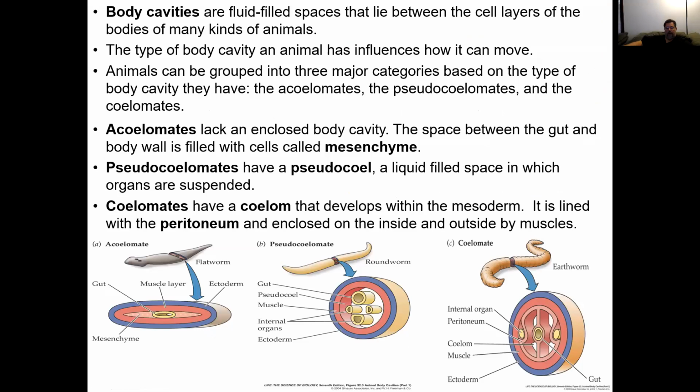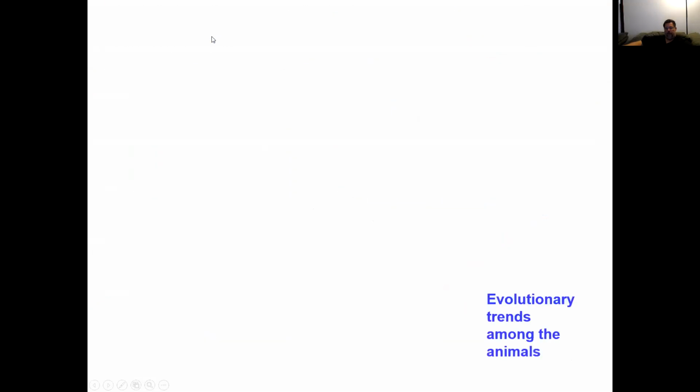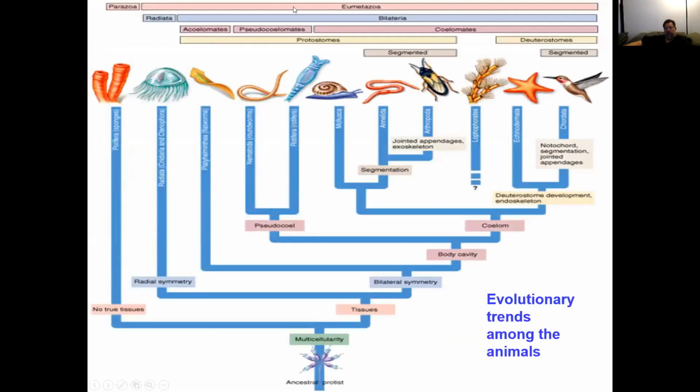Now, looking at the body cavities, remember that was a big thing under our heading also. I'm sorry, jump back one more. So we're talking about acoelomates, pseudocoelomates, and coelomates. So these are all important evolutionarily. And so you can see as you follow up this chart, body cavity, we have pseudocoels and coeloms.